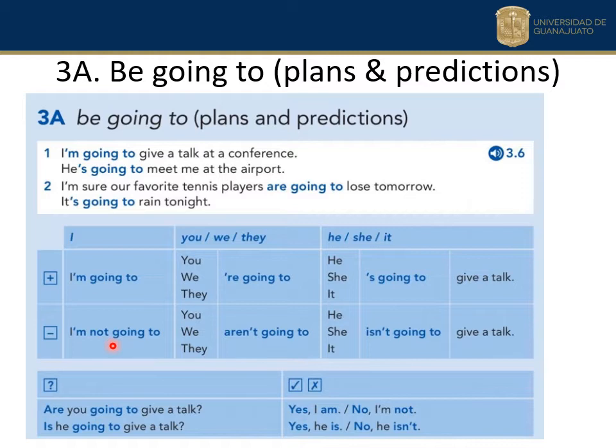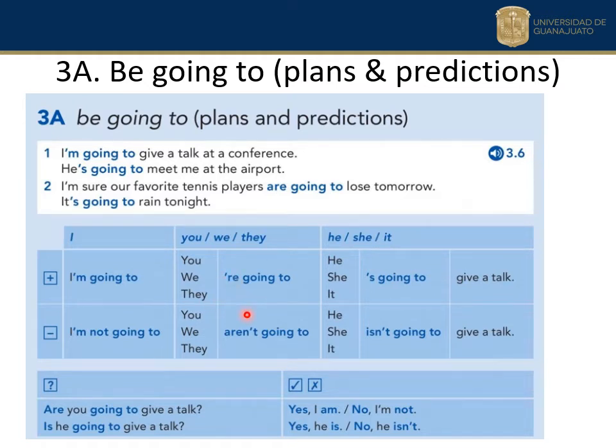If we're talking about you, we or they, lo único que cambia es the verb to be, que ya lo conjugamos y sería are. Pero aquí también está la contracción, entonces es el apóstrofe R-E. You're going to, we're going to, they're going to.